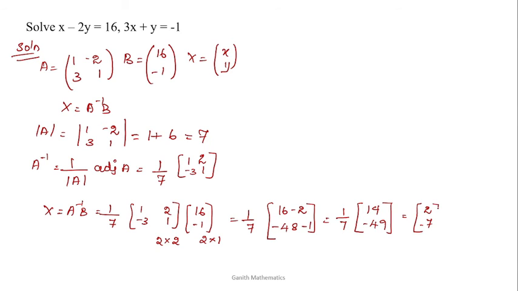This is your capital X, which is nothing but x and y. From this you can find that x is 2 and y is minus 7. This is what we found in Cramer's rule also. This is a very easy method to find the solution of a system of equations. Next we are going to see how to solve a system of equations with 3 by 3 matrices.